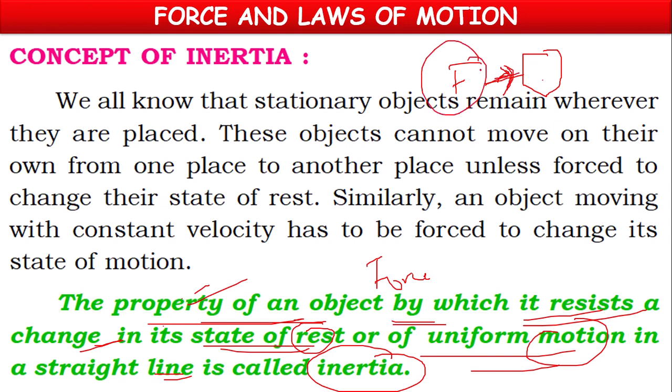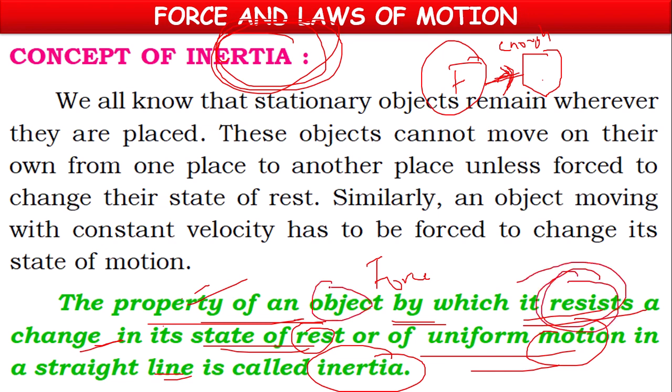But if our force is strong enough, then only it will be able to overcome this inertia, and it will be able to move the stone. So the resistance shown by any body or object to change its state of rest or state of motion is called inertia.